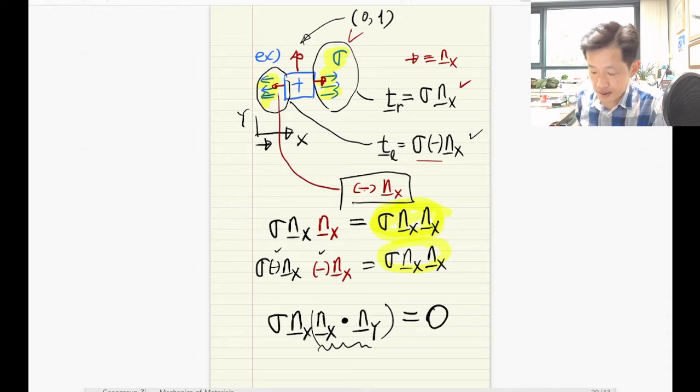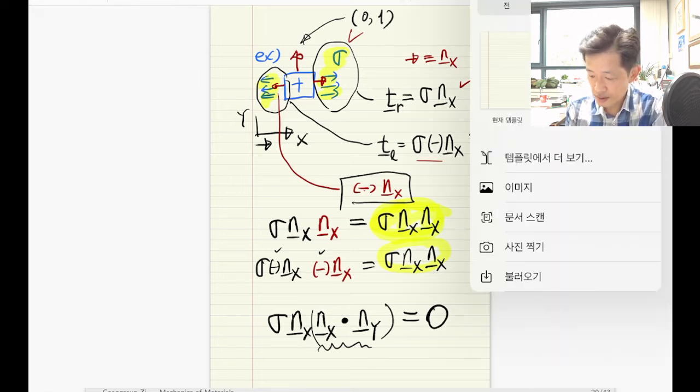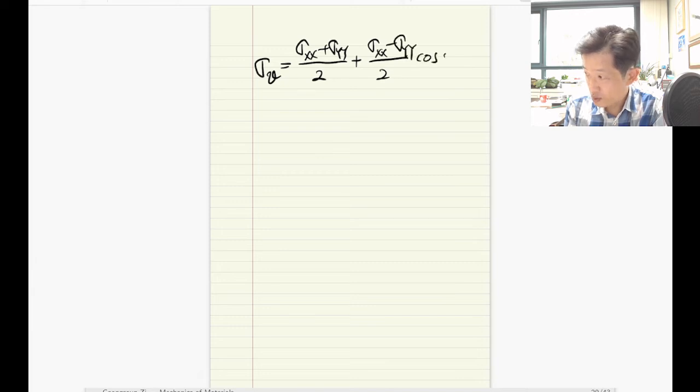the principal stresses. Last time we already discussed how we calculate the stress components in various directions. For example, we already discussed the stress transformation formula. Sigma theta is equal to the mean stress, sigma xx plus sigma yy, and then the stress difference, sigma xx minus sigma yy, cosine 2 theta, where theta is the direction where we observe the normal stress component, and then sine 2 theta.